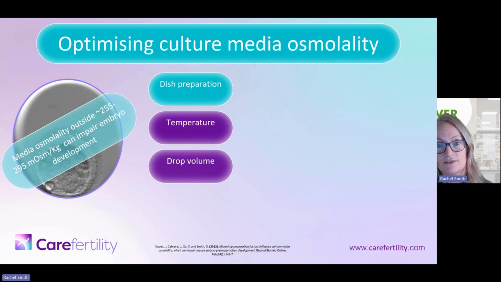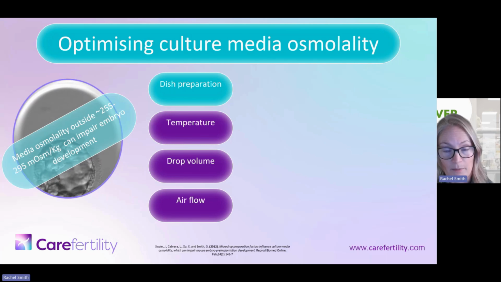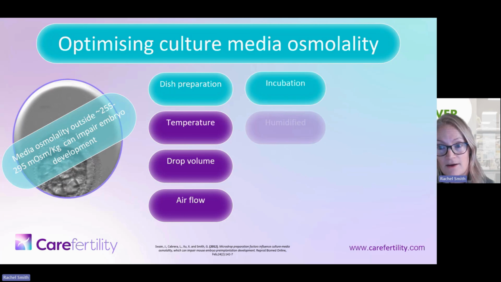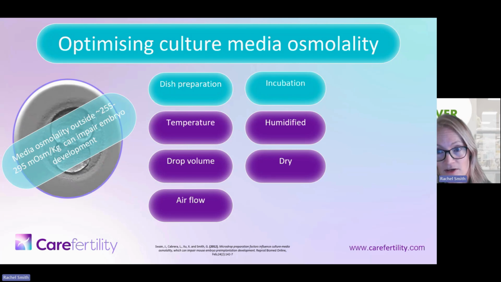Well, there's three areas. The first is dish preparation, where the effects of temperature, the size of the volumes we use to culture our embryos in, and also the airflow of our labs and our flow cabinets can affect evaporation. The other area that can affect evaporation is our incubator choice, whether it's humidified or dry. This can affect the evaporation rates.